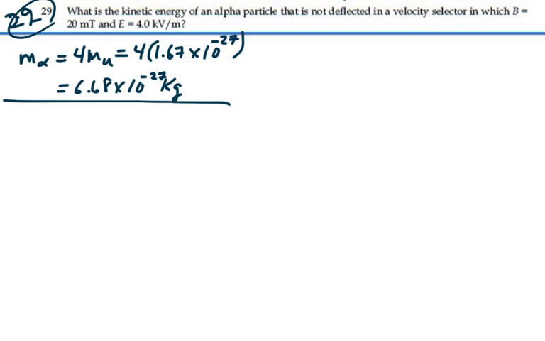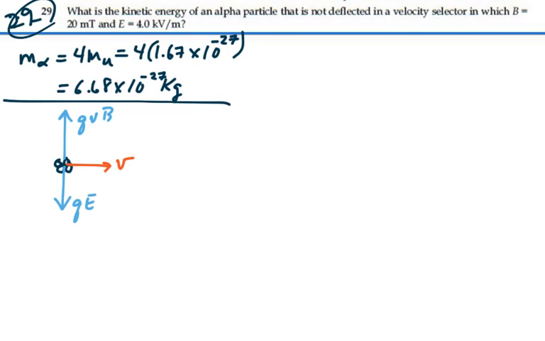Now if we have a velocity selector, this alpha particle, which is comprised of 2 protons and 2 neutrons, traveling with some velocity v, if it is undeflected in a velocity selector, that means that the magnetic force, QVB, is being offset by the electric force.